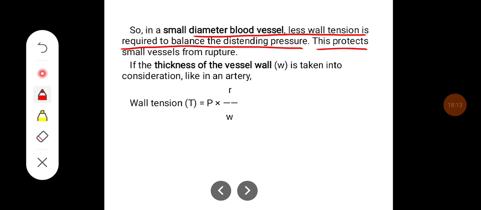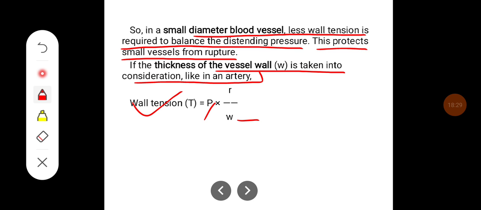This protects the small vessels from rupture. If the thickness of the wall is taken into consideration, then in an artery, the wall tension will be equal to the pressure into radius divided by the thickness of the vessel wall.